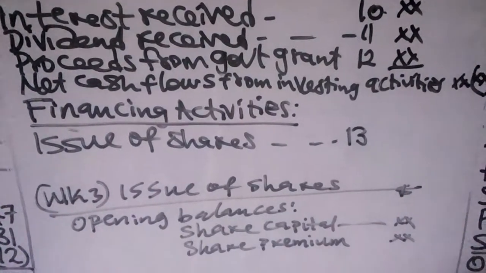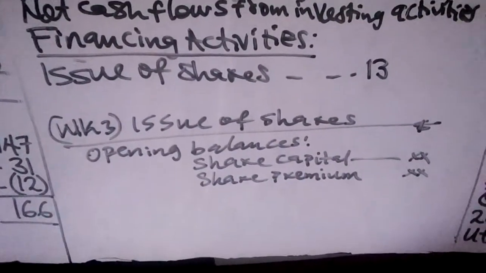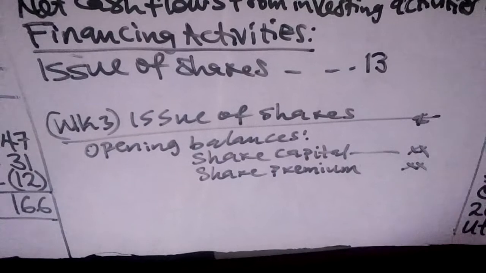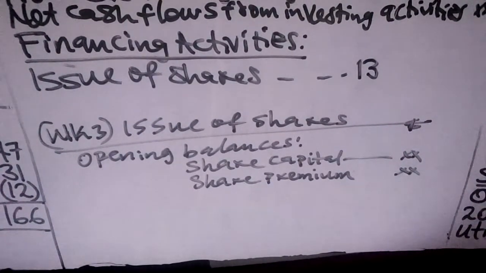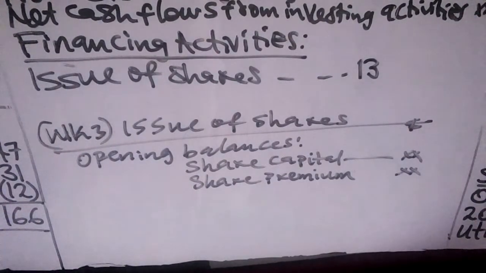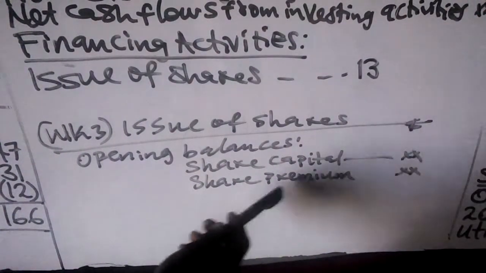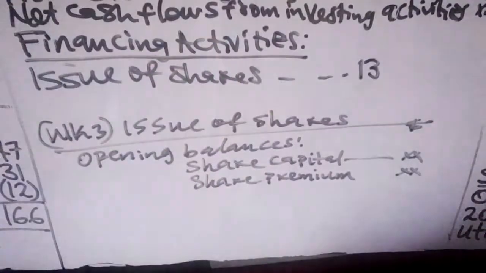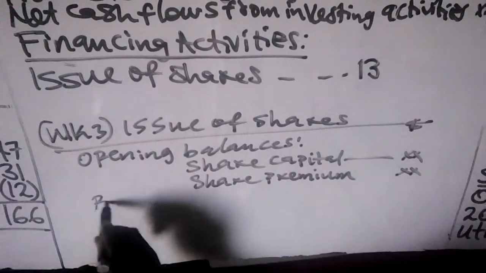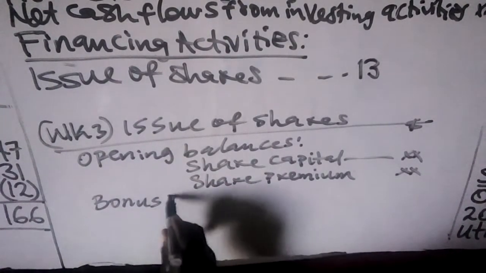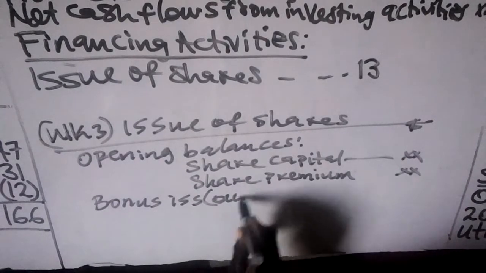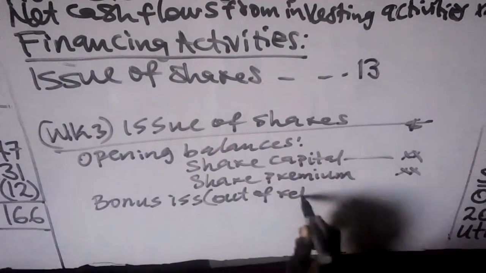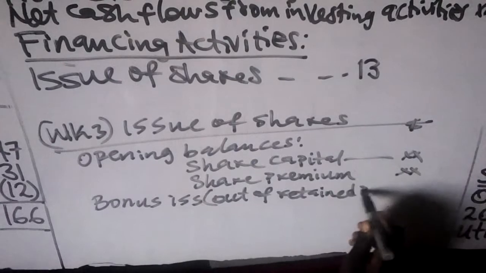Where bonus issue are made out of share premium, you ignore the information relating to the bonus issue. But where bonus issue are made from retained earnings, you add.